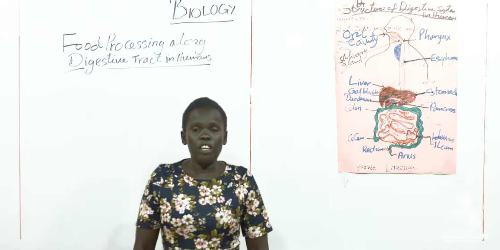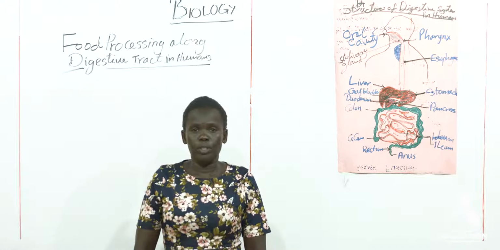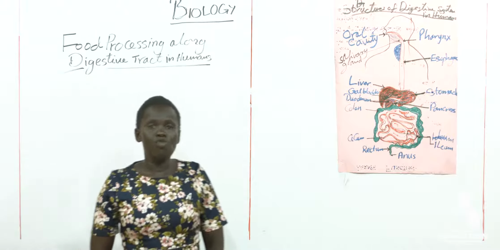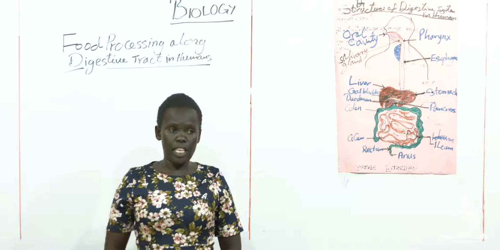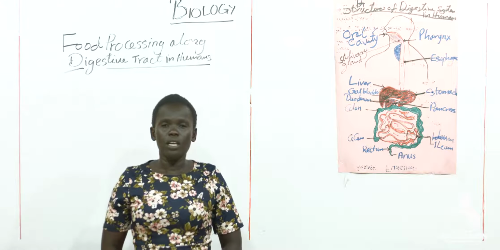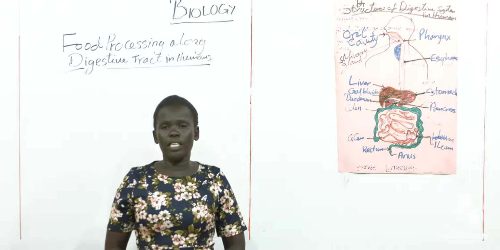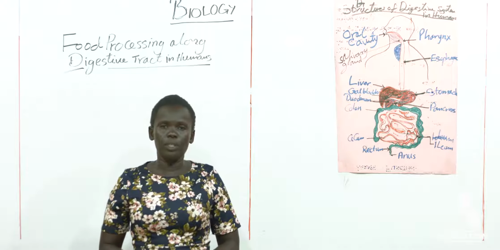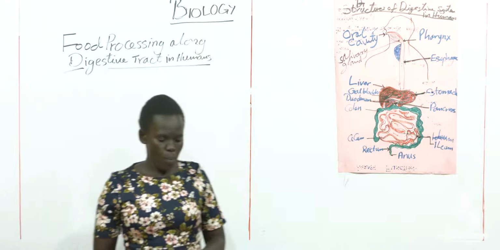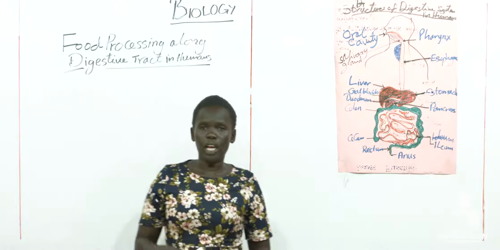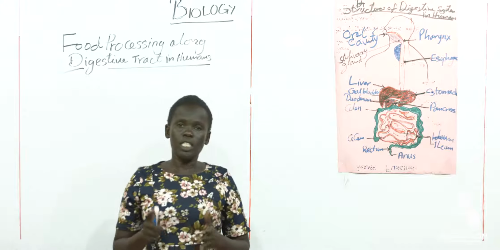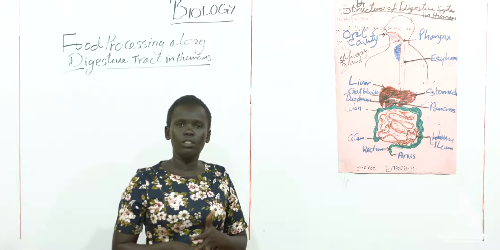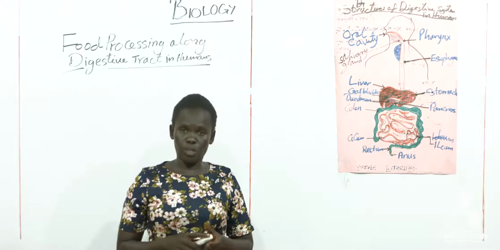In the previous lesson, we looked at how the food is treated, because the nutrients in the food we take cannot be accessed by the cell immediately unless it undergoes certain processes. The food undergoes many processes. It starts with ingestion, then mastication, coming to digestion.